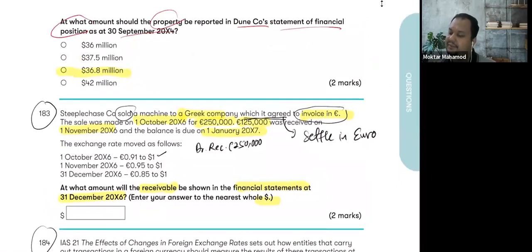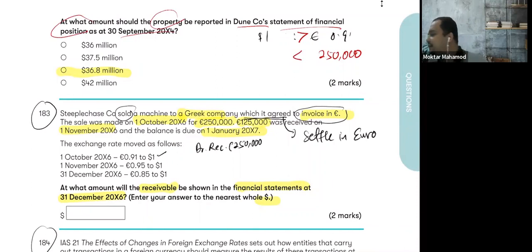If $1 equals 0.91 euro, this is different from yesterday, because when you convert later on, the amount in dollar will be higher than the amount in euro currency. So when you convert 250,000 euro, it's going to be higher than the euro amount.